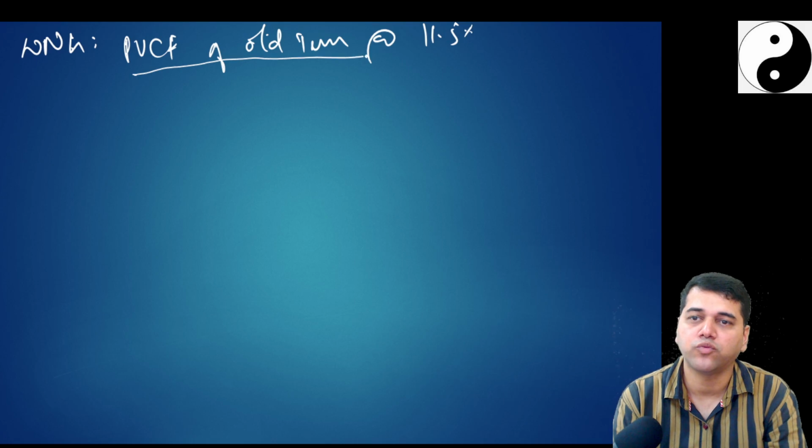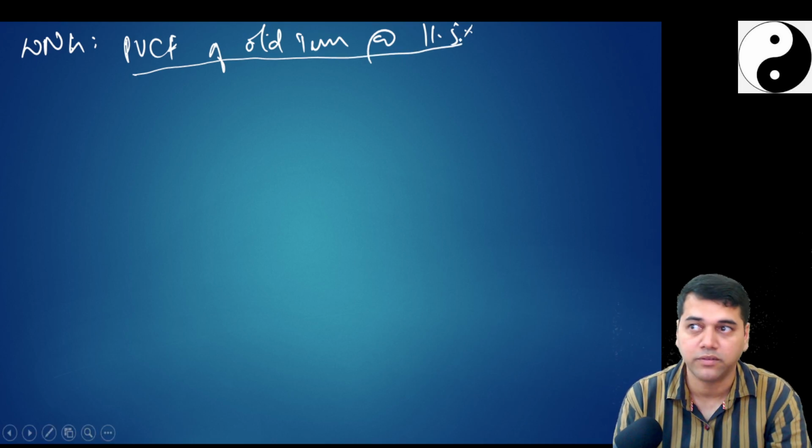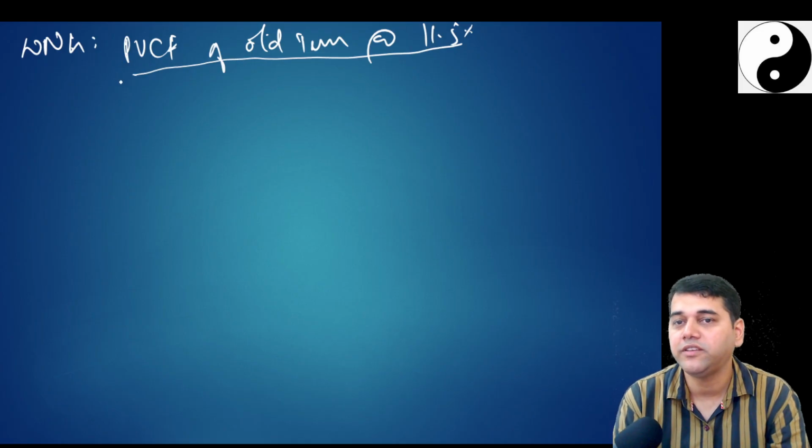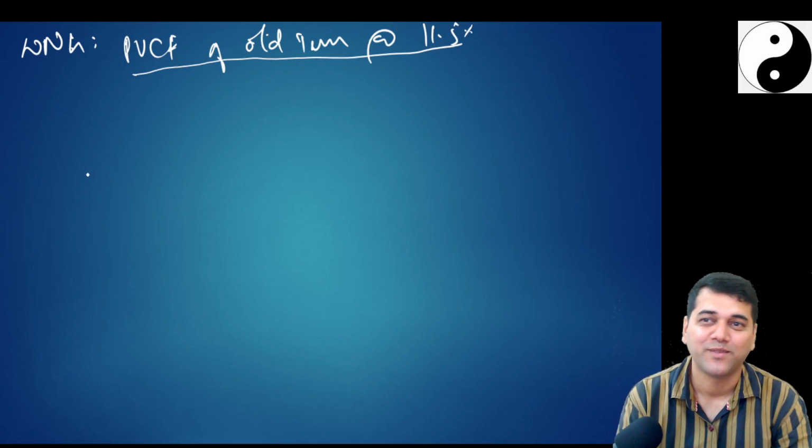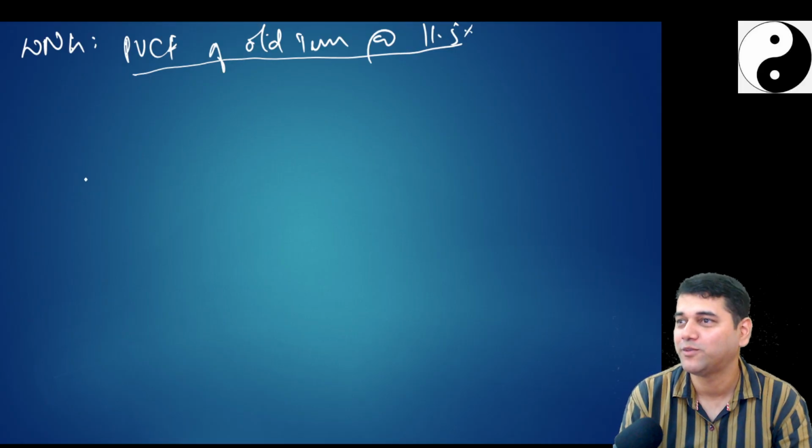Can you tell me, students, what is my present value, not book value? Please understand. What is my PVCF of the old term at 11.5%? 41, 38. Okay, others, I want you to please try and tell me.